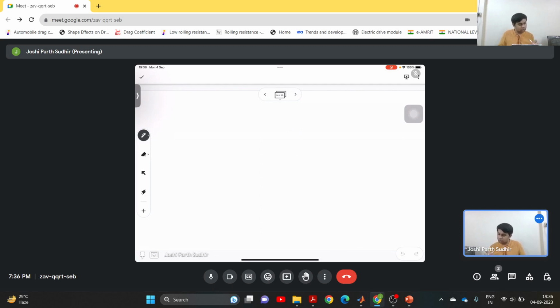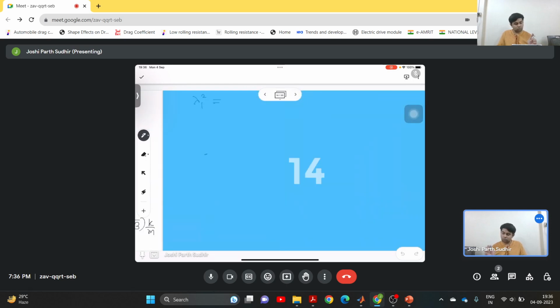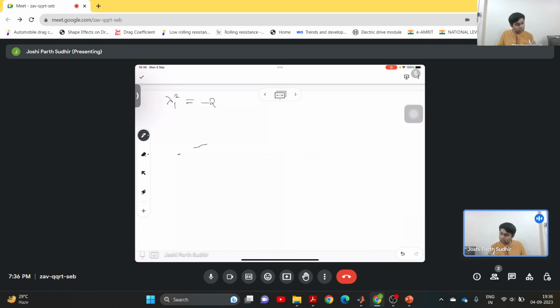So our natural frequency is lambda 1 square equal to minus 2 plus root 3, and lambda 2 square is equal to minus 2 minus root 3.